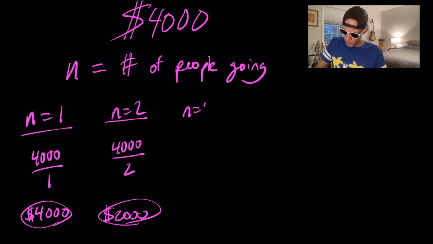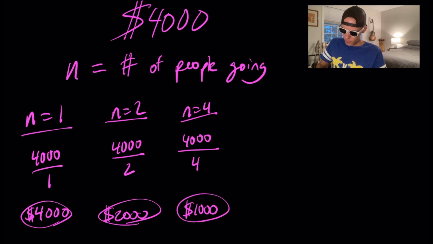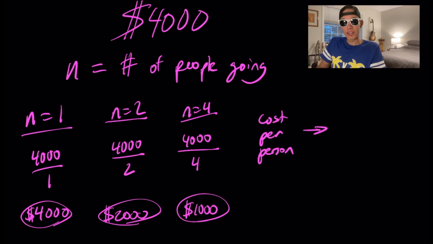Well, what if it's 4 people that go? Well, again, we would take the cost of the trip and then divide it by 4, the number of people going, and that's going to come out to be $1,000 per person. So we can sit here and do this a bunch, but I see a pattern. The cost per person, we can write it as an expression.